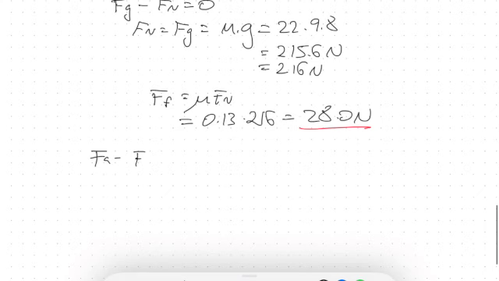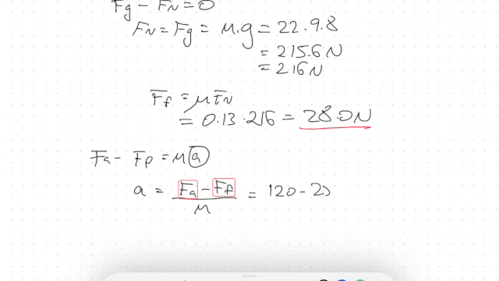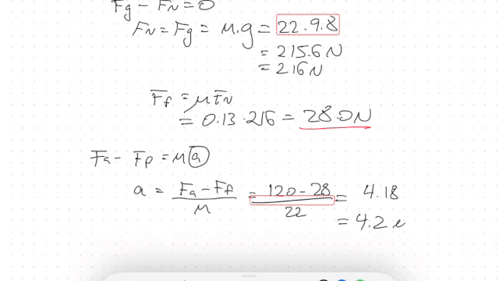Fa minus Ff equals ma. And what are we calculating? We're looking for acceleration. So that's Fa minus force of friction divided by the mass. So it's 120 minus 28 divided by the mass, 22. 4.18, which is 4.2 meters per second squared. So that's the acceleration.